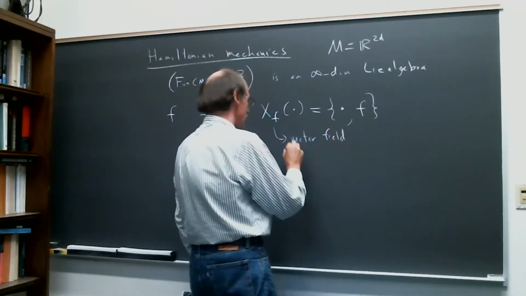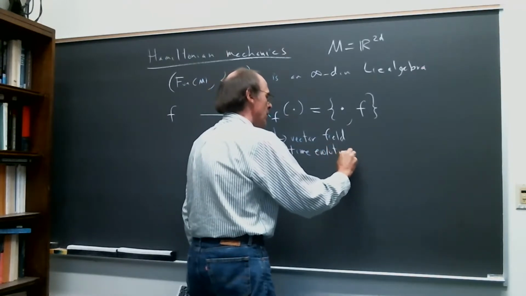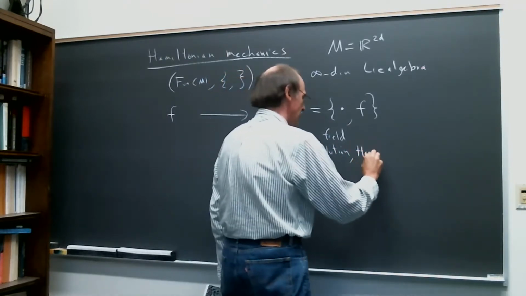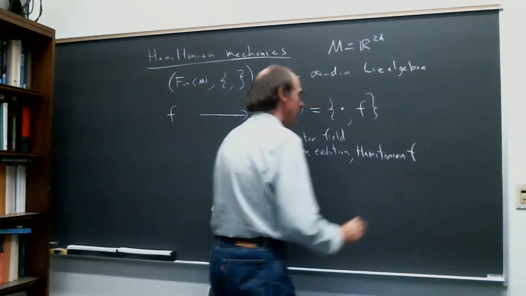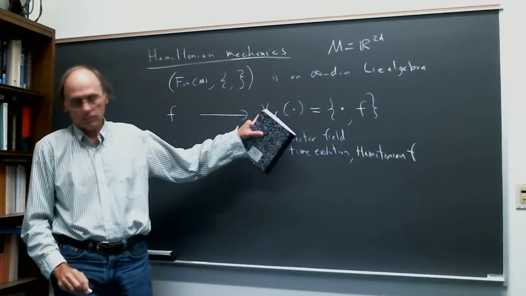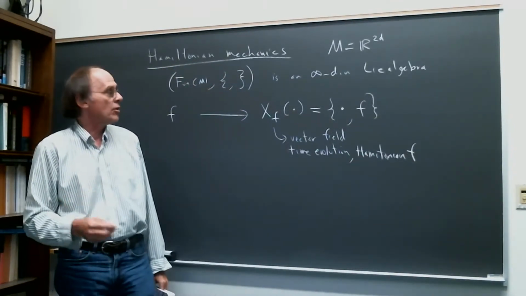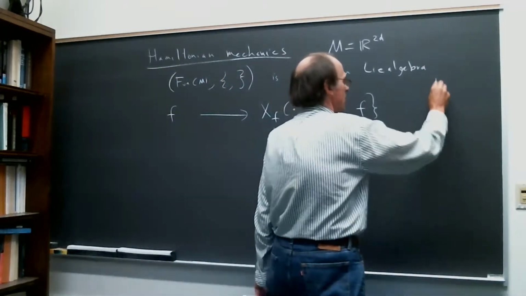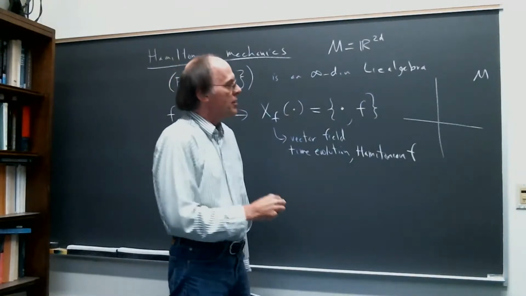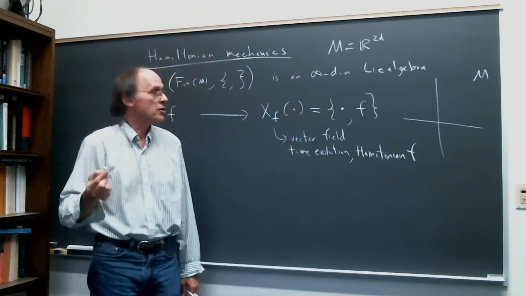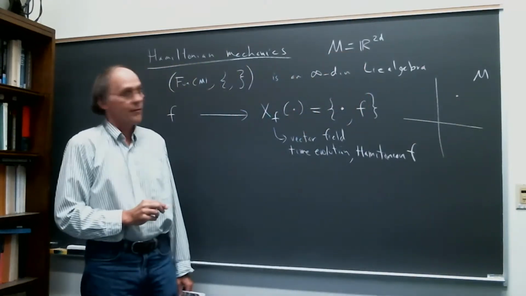for time evolution with a Hamiltonian F. If you're doing classical mechanics, you're in a phase space M, and you have some kind of initial condition at some initial time, given by a point in the phase space.